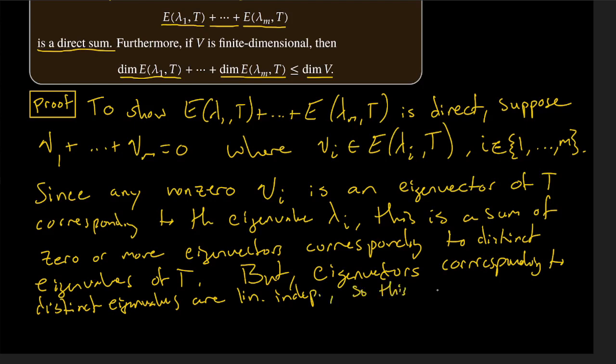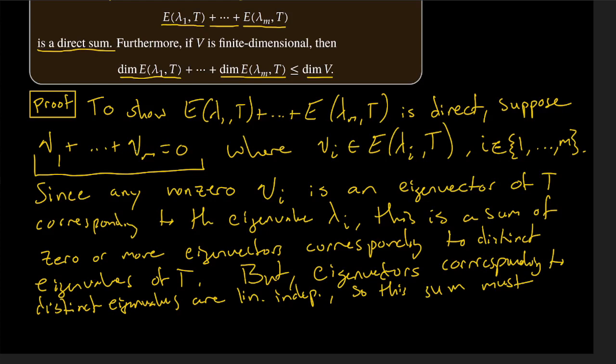So this sum must only consist of zeros. That is, if you look at this sum up here, any part of it on the left-hand side that has terms other than 0 is a sum of eigenvectors corresponding to distinct eigenvalues.